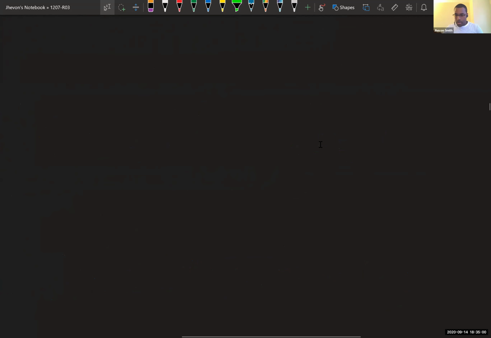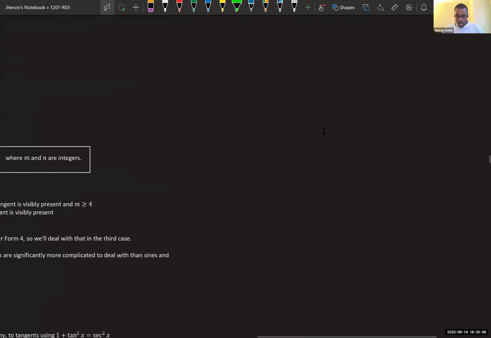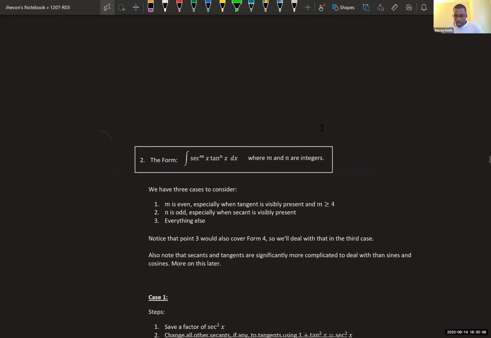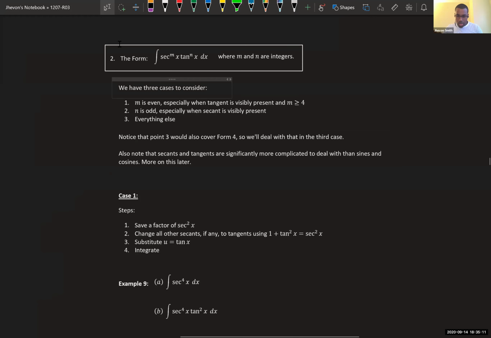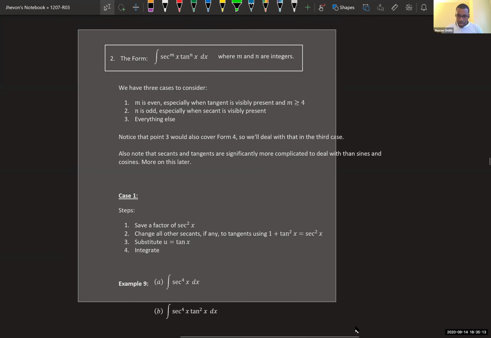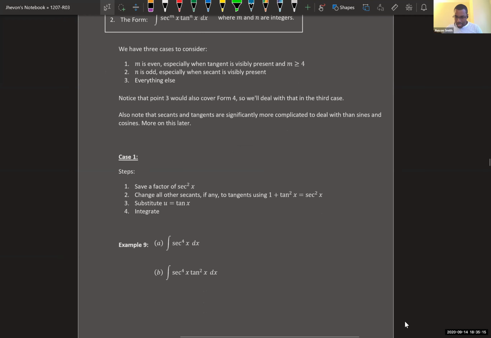Okay, let's see. I think so far we've looked at all the principles for sine and cosine I'm going to teach you. So now we're going to move on to things involving secants and tangents.